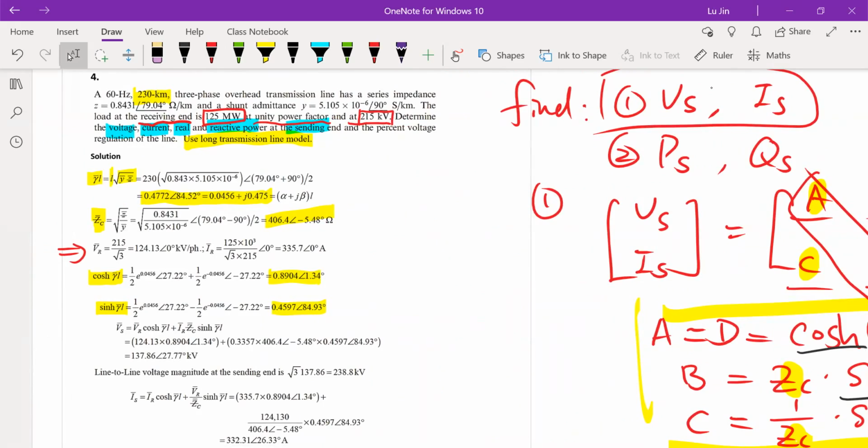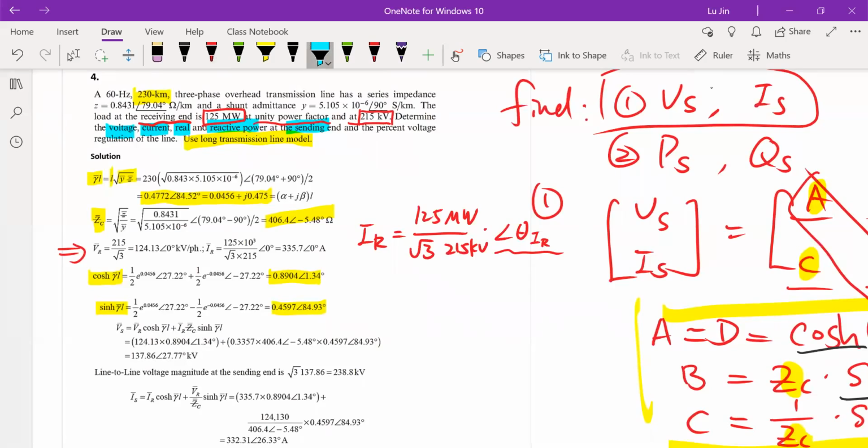So the current IR magnitude is just the real power, 125 megawatts, divided by square root of 3 times the line-to-line voltage, which is 215 kilovolts. And the angle is theta IR. But how to determine this angle?